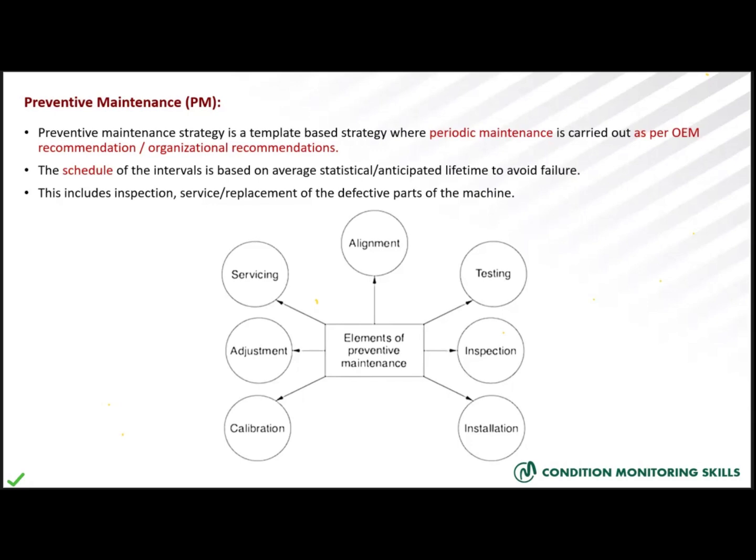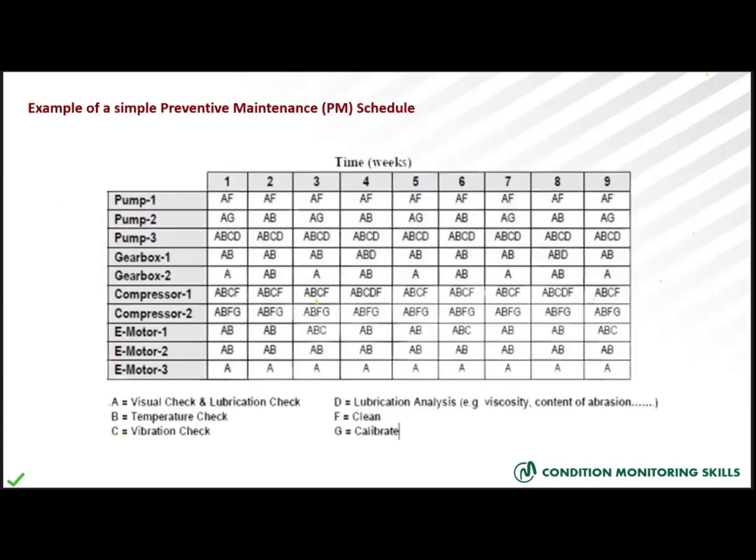Unnecessary work is done if you rely only on a preventive maintenance strategy largely based on guesswork, as I told you before. And it could lead to maintenance induced failure as well. Okay, so this is the second type of maintenance, time-based or preventive maintenance.